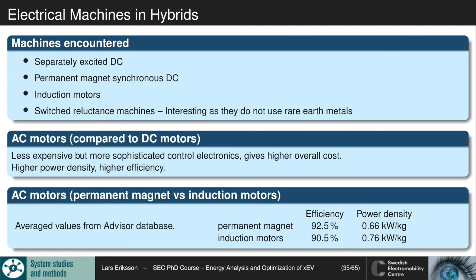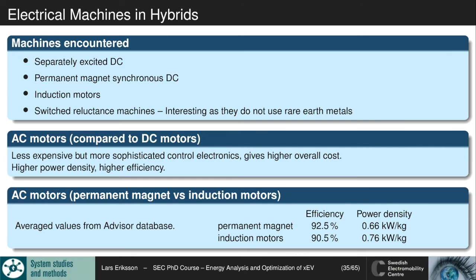So when we look at electrical machines in hybrid electric vehicles, you have separately excited DC machines, permanent magnet synchronous machines, induction motors, and switched reluctance machines. The interest in switched reluctance machines comes from the interest to not use rare earth metals like neodymium magnets.